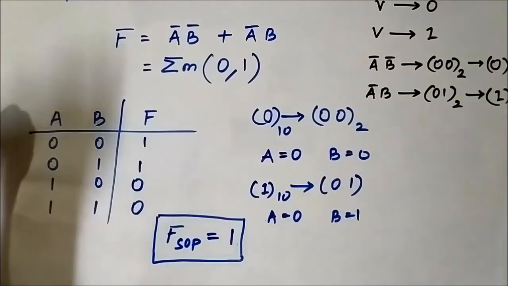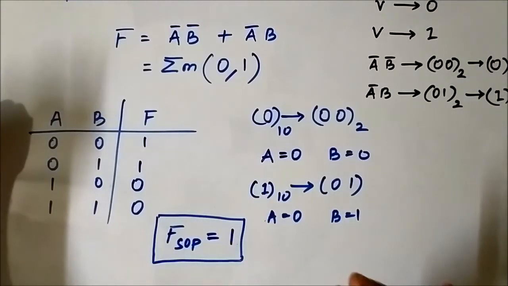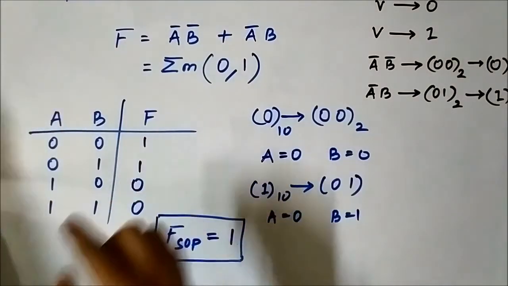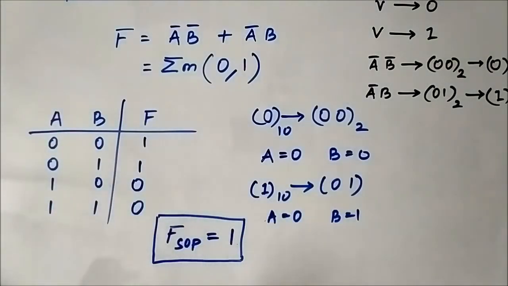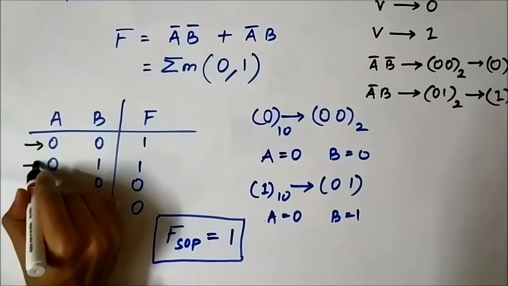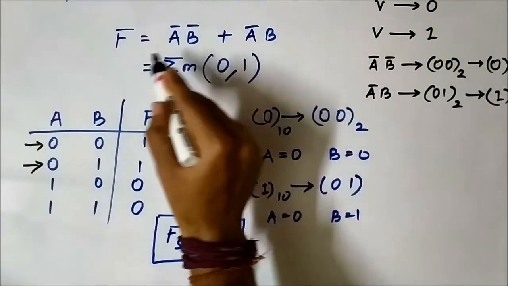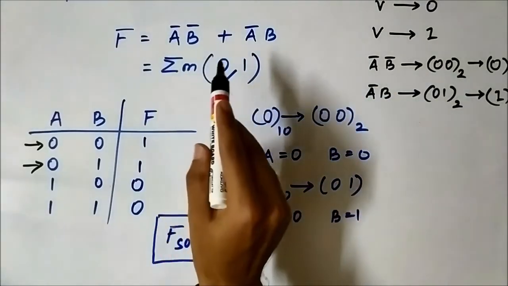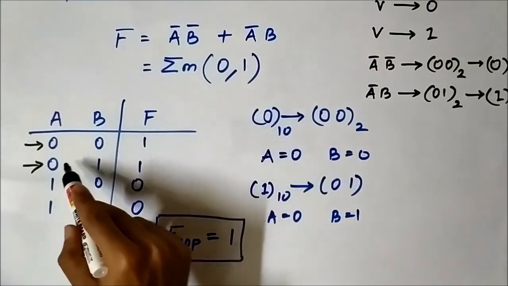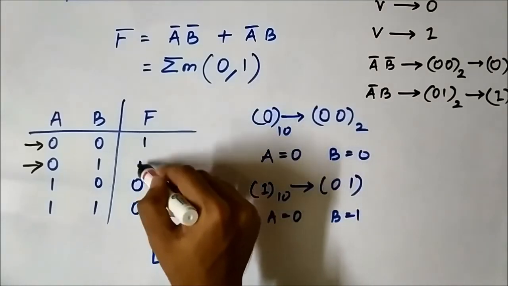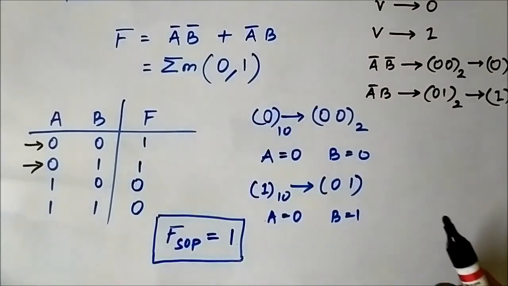It specifies those input combinations at which the value of the Boolean expression is logic 1, logic high. These two input combinations are represented in this min term expression given by this Boolean SOP expression. 0 0, that is 0, 0 1, which is 1, and at those points the value of the Boolean expression is 1.